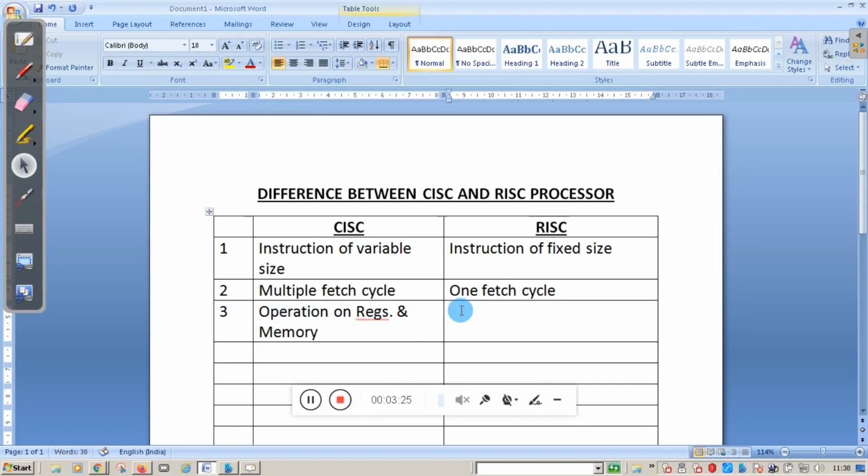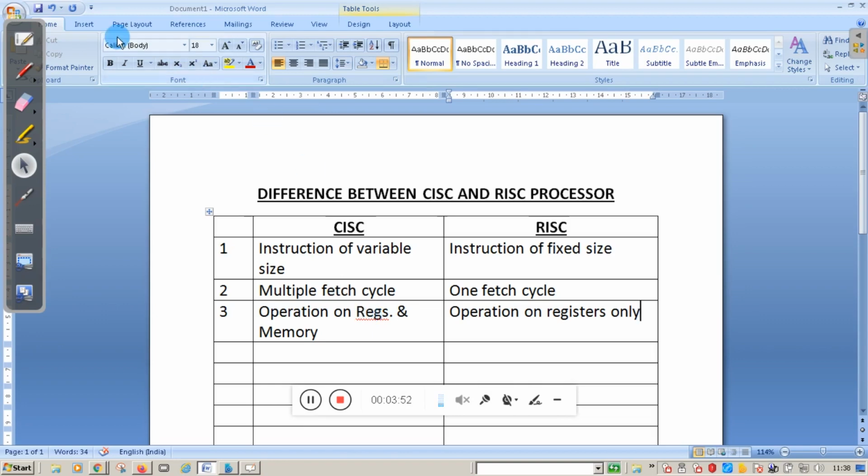But with respect to RISC, operations are on registers only. You know, CISC processors are flexible in nature, which allows operation on register and memory.